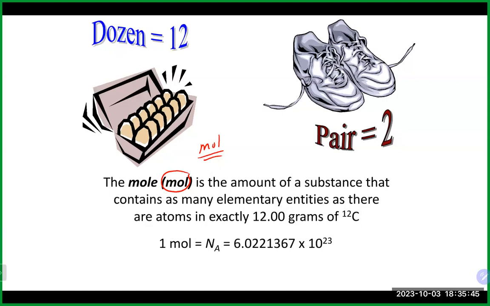So a mole is the amount of elementary substances that there are in 12 grams of the carbon-12 isotope. 1 mole of anything will equal 6.022 times 10 to the 23. And you want to make sure, obviously, that you use your exponent button when you use this number. The units, though, that go with this number can change.